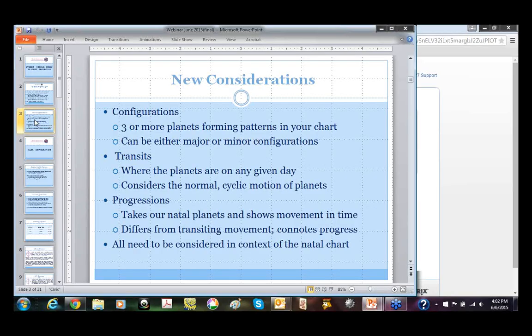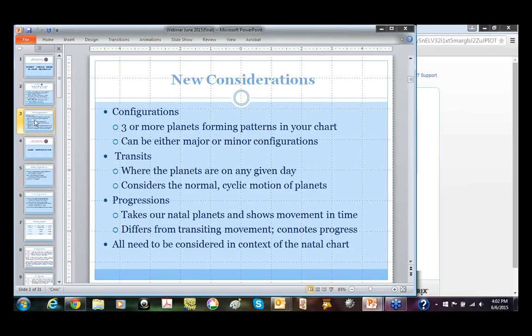We also want to consider the normal cyclic motion of the planets. The real good example that we have is the full moons, or the phases of the moons: the first quarter, the full moon, the third quarter. Well, every single planet does that.